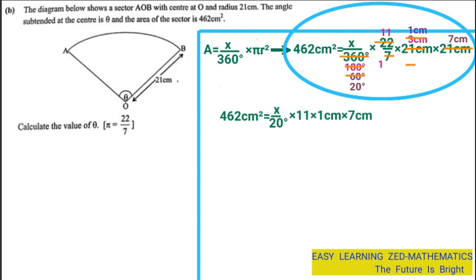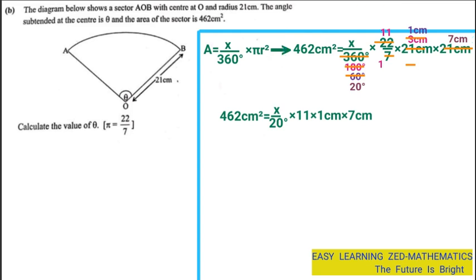Okay, then I'm going to now multiply, work out this which is on the right side of the equal sign. So I'm going to multiply x multiplied by 11 will give me 11x. 11x multiplied by 1 centimeter is going to give me 11 centimeter x, which will be multiplied by 7 centimeter, which is going to give me 77 centimeter squared x.